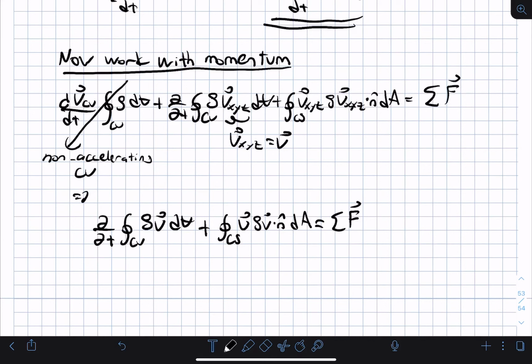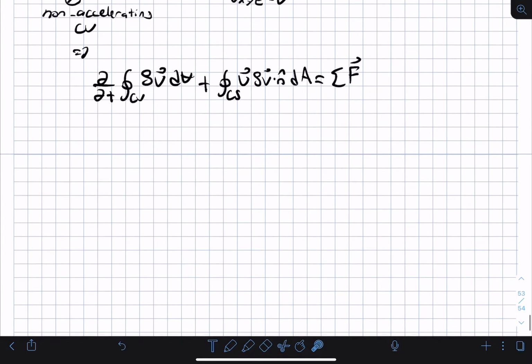Okay, and so we need to do a free body diagram, and we need to evaluate these integrals. So as always, for these problems, I like to draw a free body diagram and a control volume. And just like you may have done with dynamics, I like to have the accelerations and momentums on one side, and on the right side, I like to have the sum of the forces.